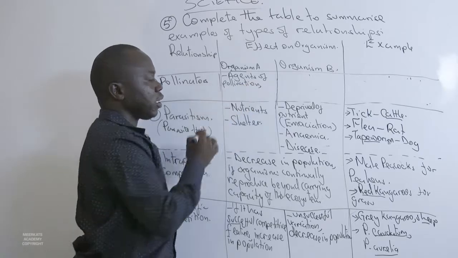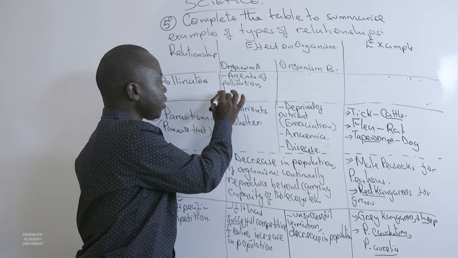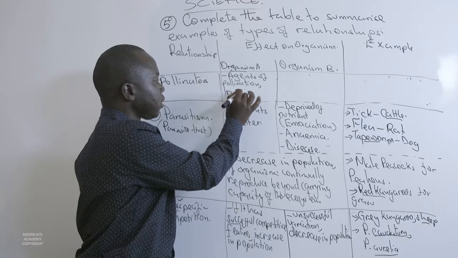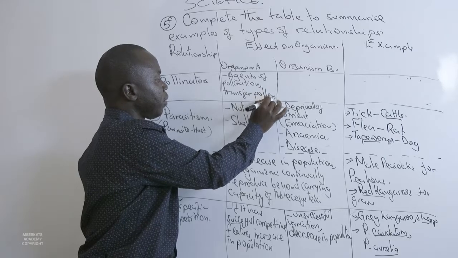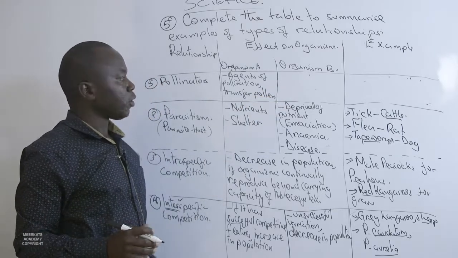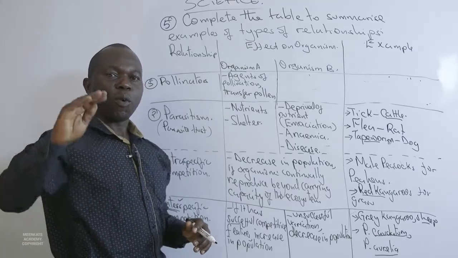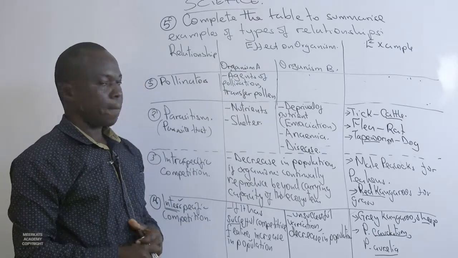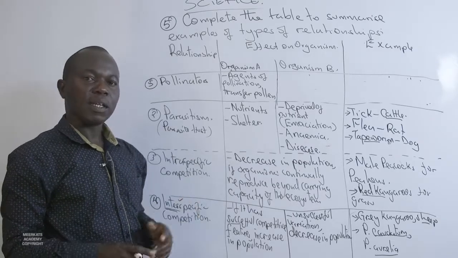The effect on the agent of pollination is that they transfer pollen during foraging, especially insects, as they move from one flower to another. We call that foraging, movement from one flower to another.